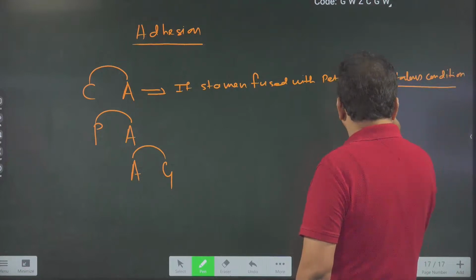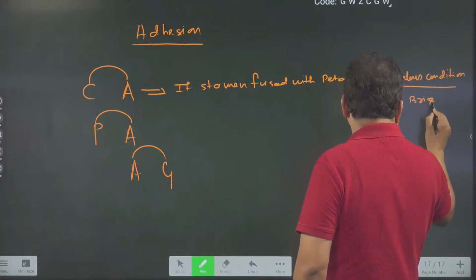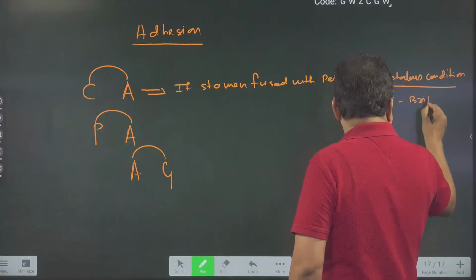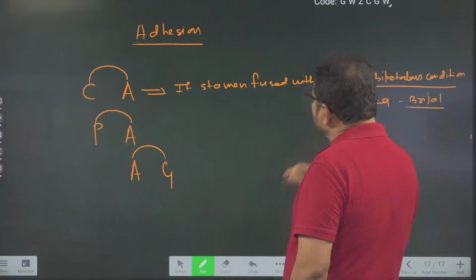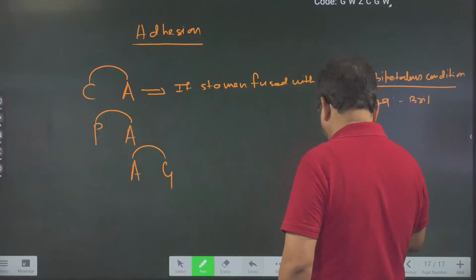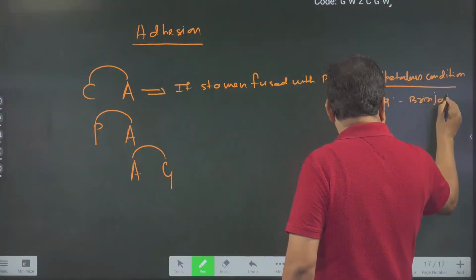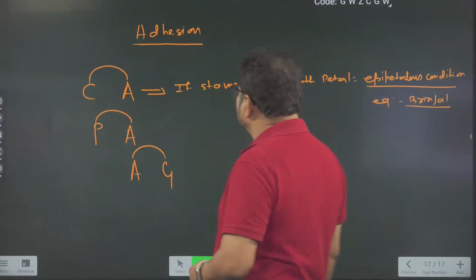Epipetalous condition, an example is brinjal, and you can say family Solanaceae. Brinjal and family Solanaceae.